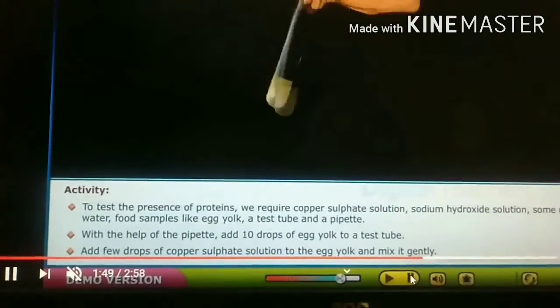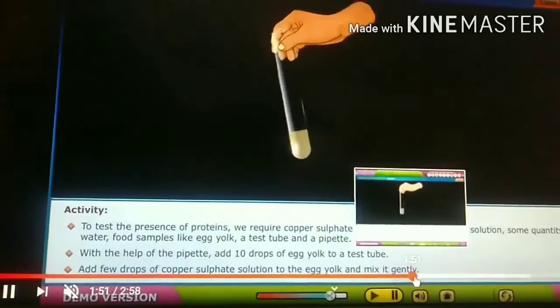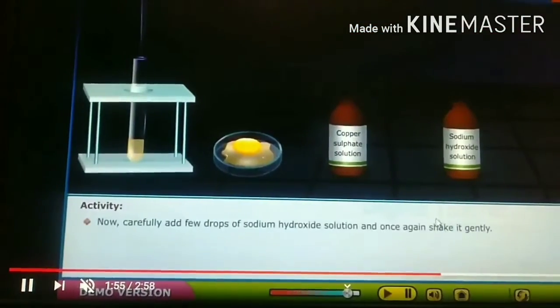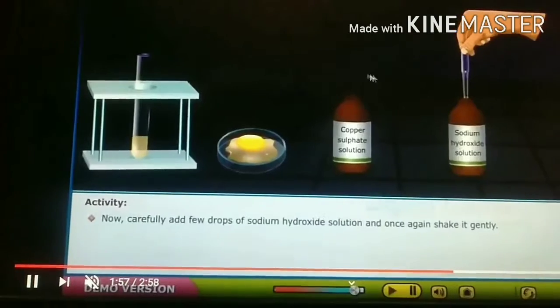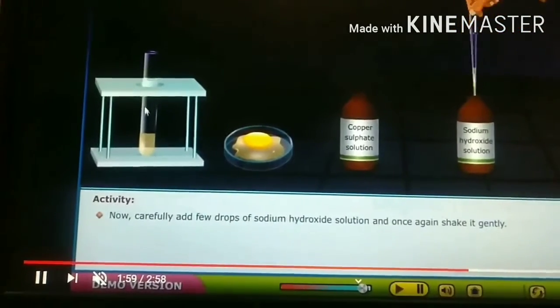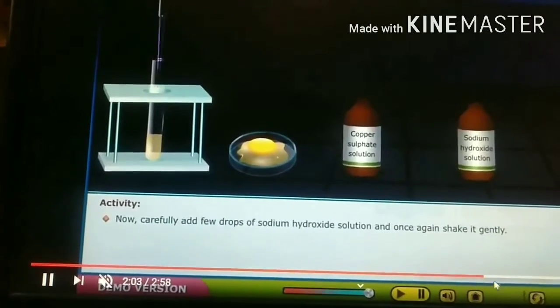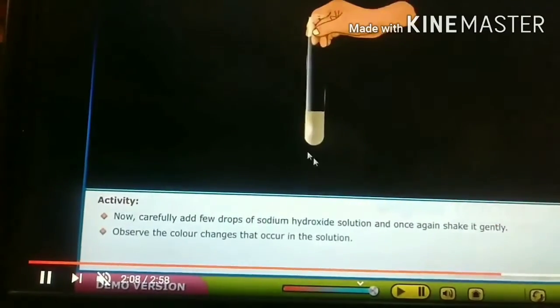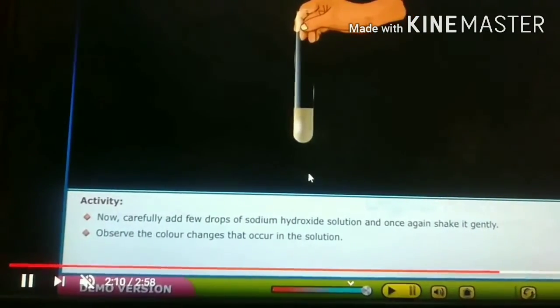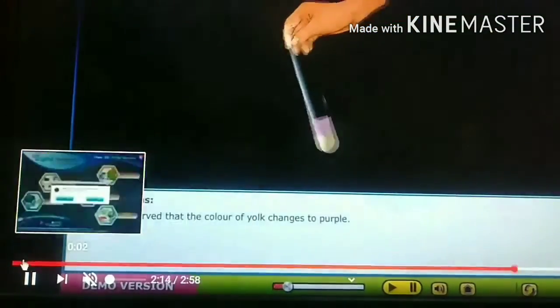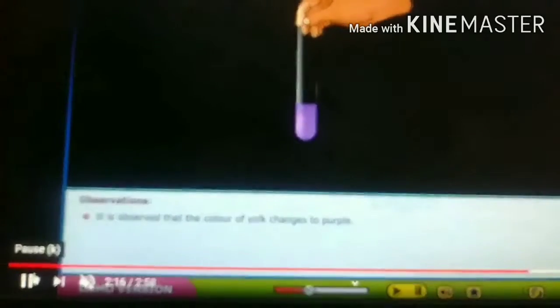Then we have to mix it slowly. Then after this we have to put again 2-3 drops of sodium hydroxide solution into the test tube.